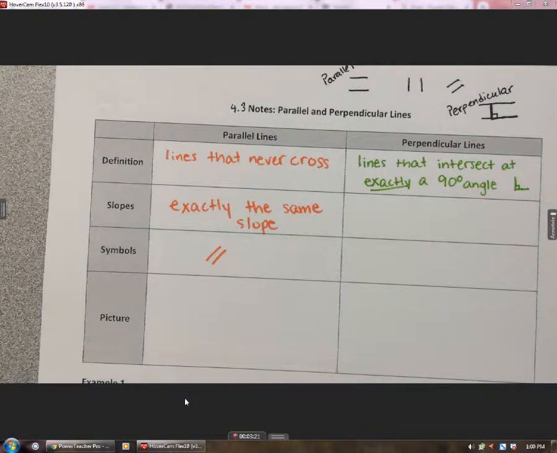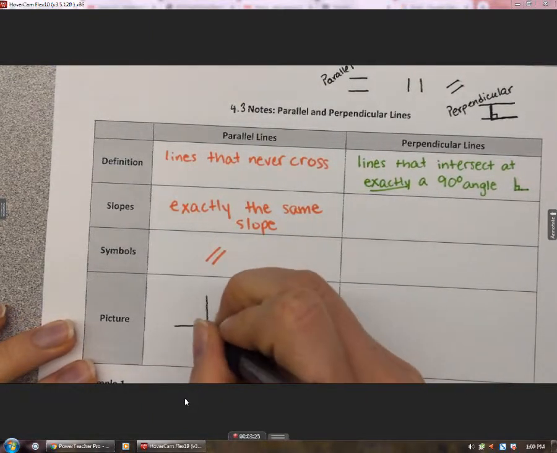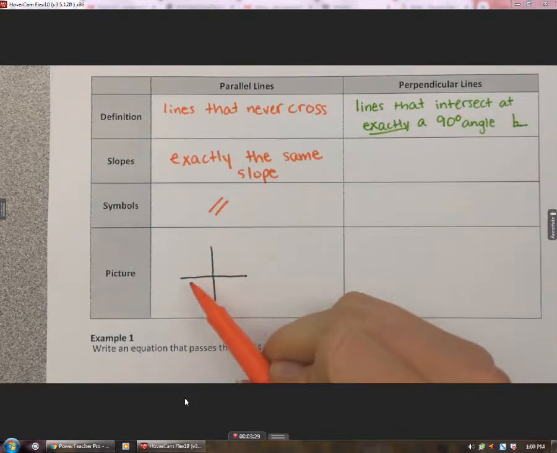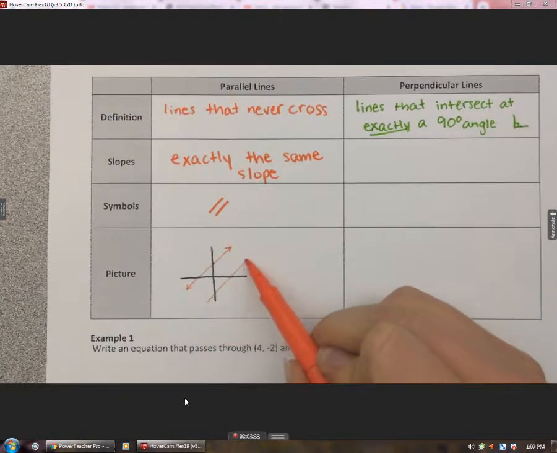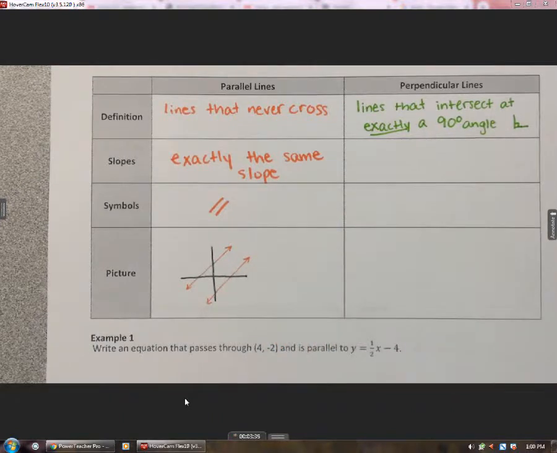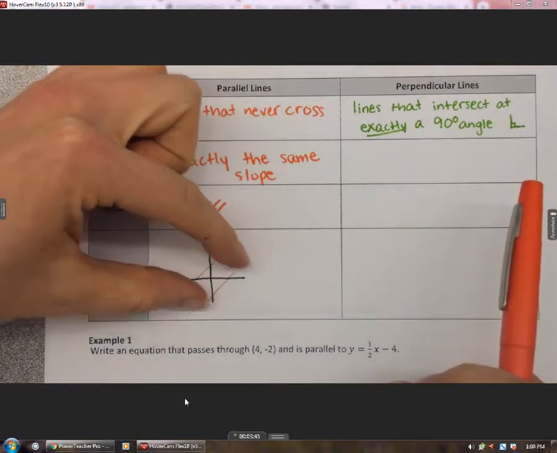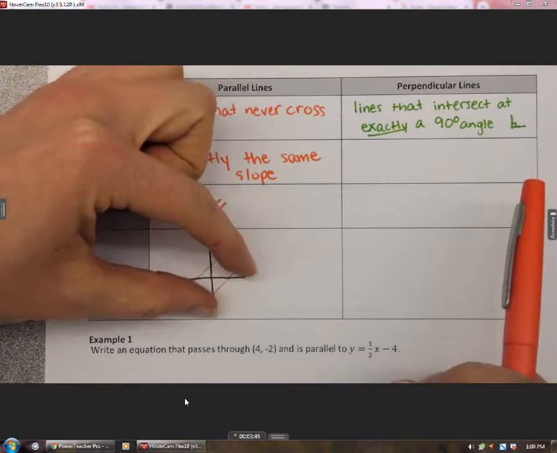That means parallel. And a picture, if we drew this on a coordinate plane, we could have lines that are extending like this at exactly the same slope. It's like if we go back to our translations that we did in chapter 3, it'd be like this line just translated or shifted diagonally, or we could shift it up, we could shift it down.